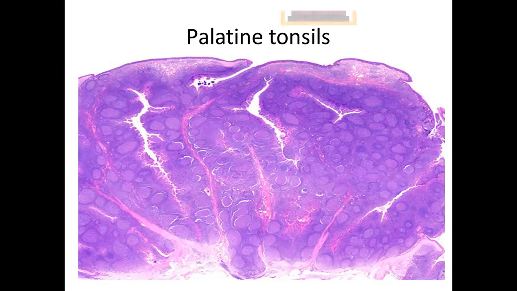The deep aspect of each palatine tonsil is isolated from the surrounding connective tissue by a dense fibrous capsule, which is a dense irregular collagenous connective tissue capsule, while the superficial aspect of these tonsils is covered by epithelium. Let's go back to the epithelium. As I told you, the important thing for us in histology is the epithelium.